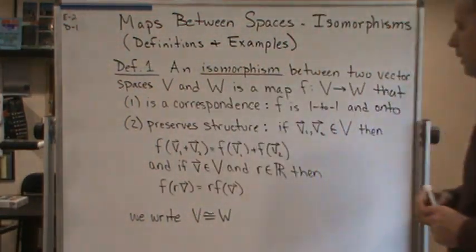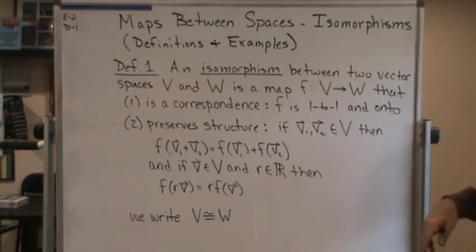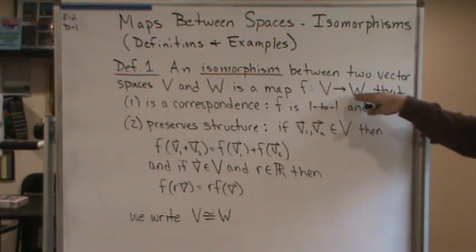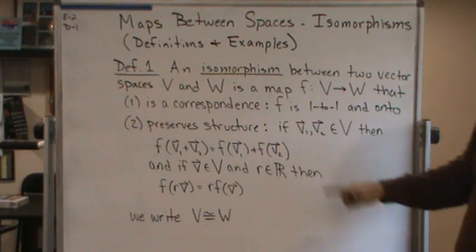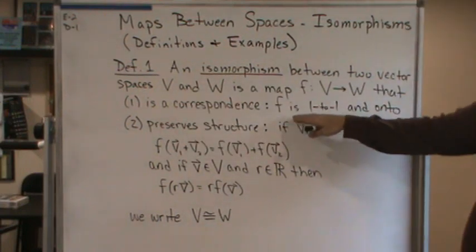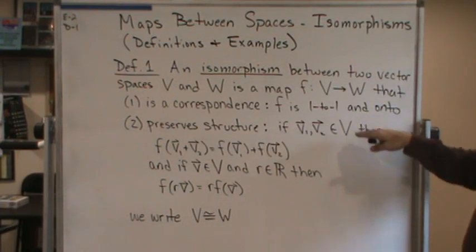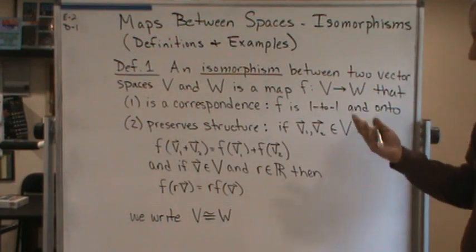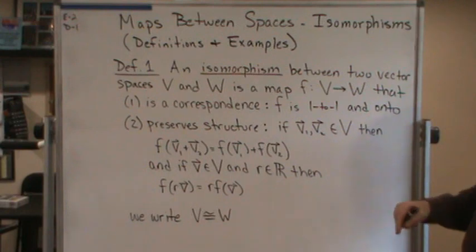Okay. So an isomorphism between two vector spaces V and W is a map from V to W, so this is the way to write it. 1, that it is a correspondence, which means that F is 1 to 1 and onto. And 2, it preserves structure, which we've seen in the last two examples.